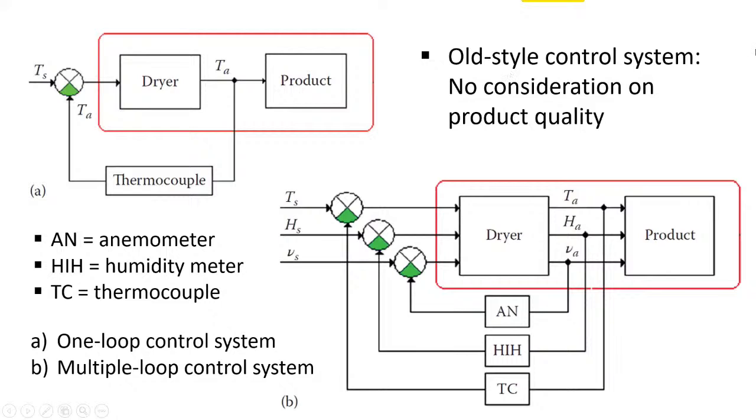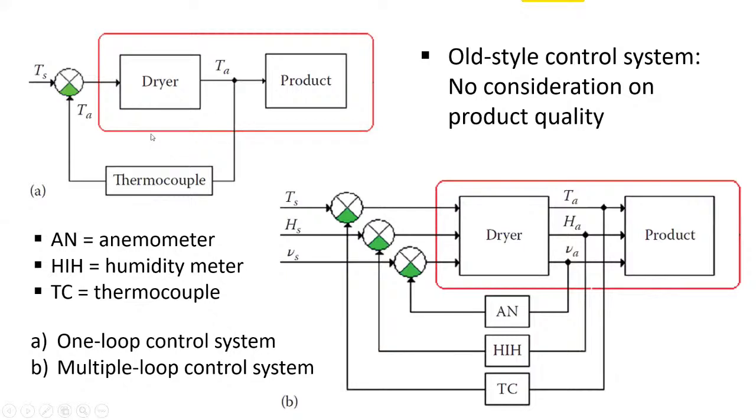These are the old schemes of controlling dryers. All of these control systems have no consideration of product quality. All that we control is the drying parameter.